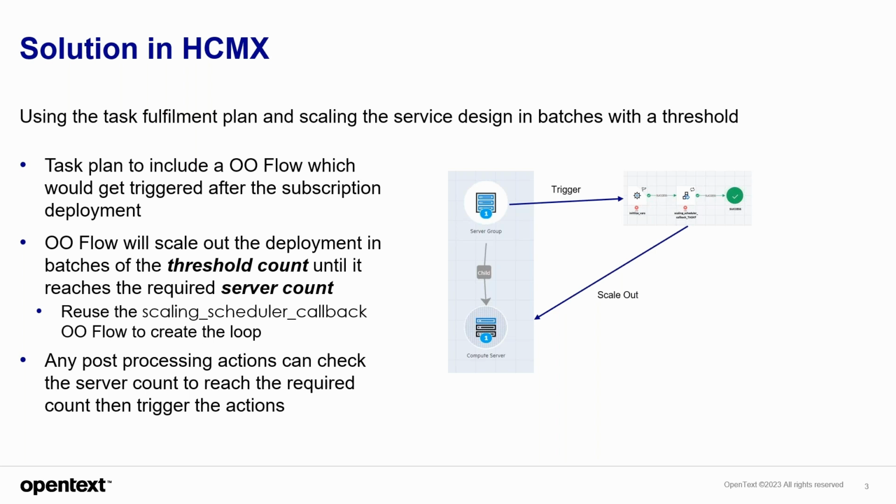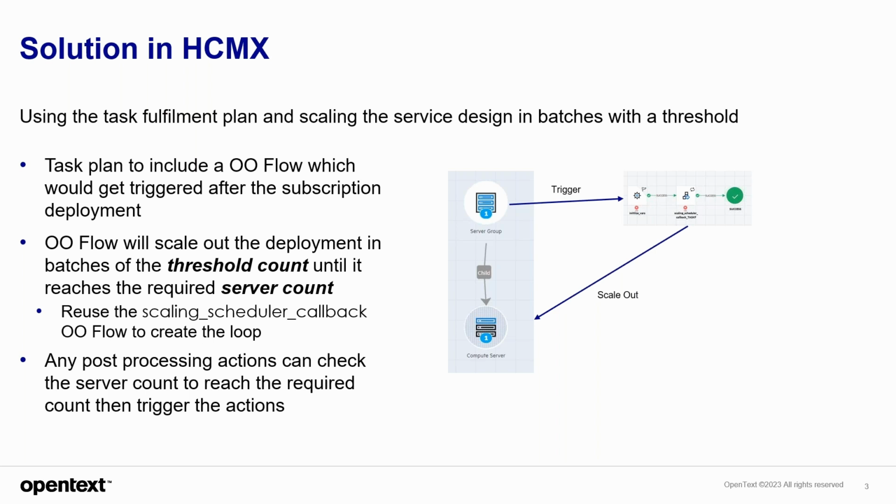By default, we deploy with one server component as the deployment model. If the end user asks for, let's say, 100, then this external workflow, which is associated to the task plan, will modify that service and scale it to a certain threshold.